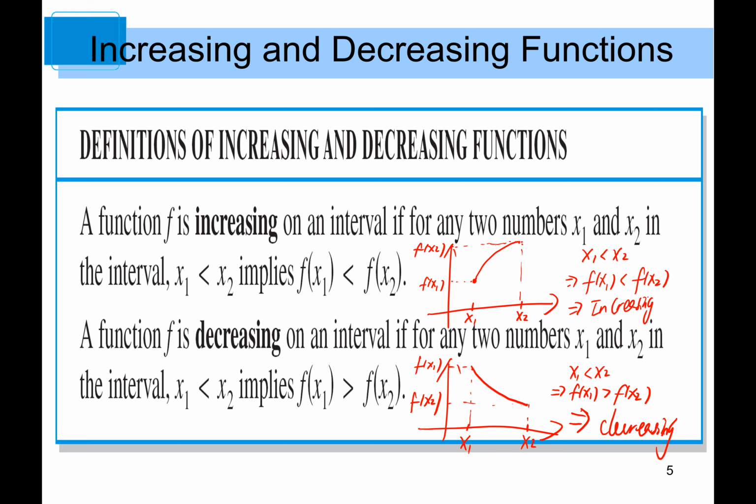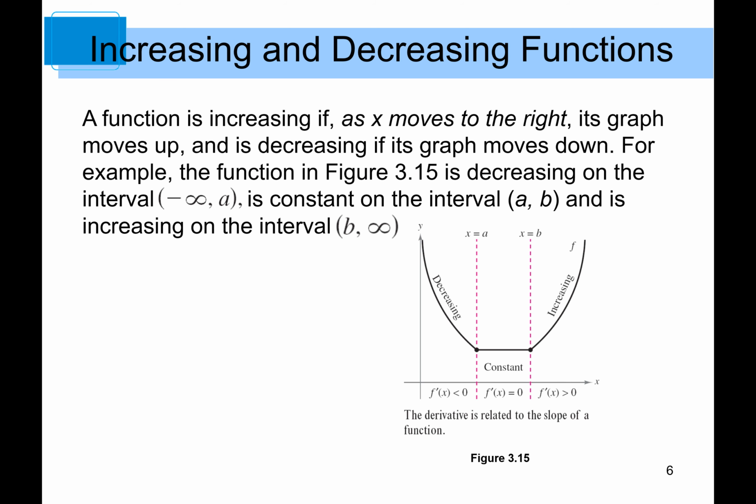They are exactly opposite. The function is increasing if as x moves to the right, its graph moves up, just like this. As you go to the right, it moves up, then it's increasing.